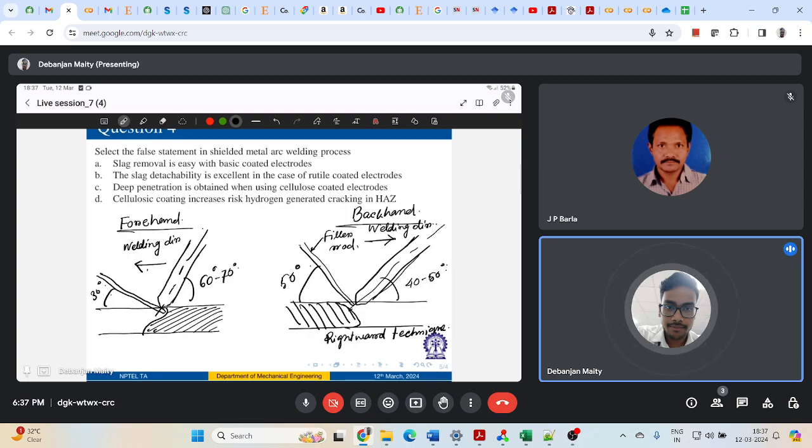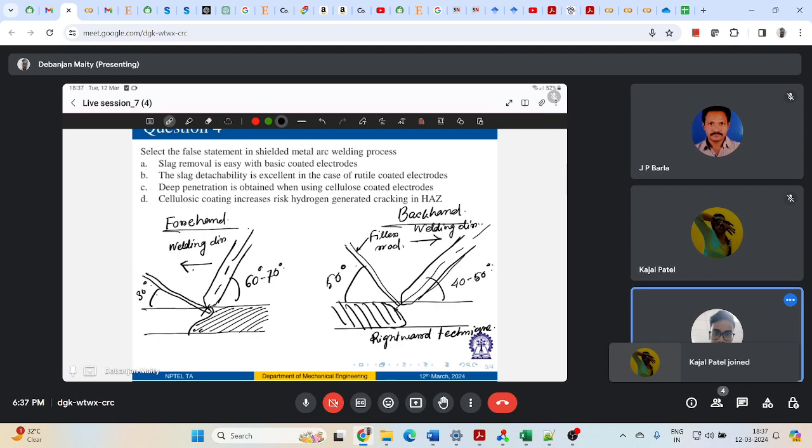If you see this backhand welding method, my flame is constantly directed on the edge of this V ahead of the weld puddle, right? There will be no sideward motion of the weld puddle, which is necessary in your forehand welding method.